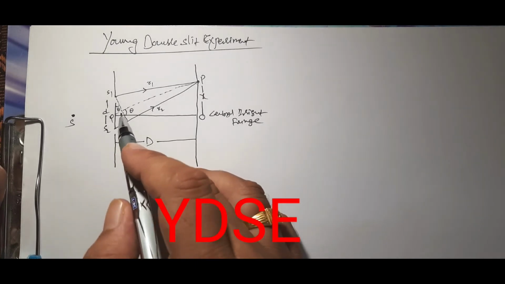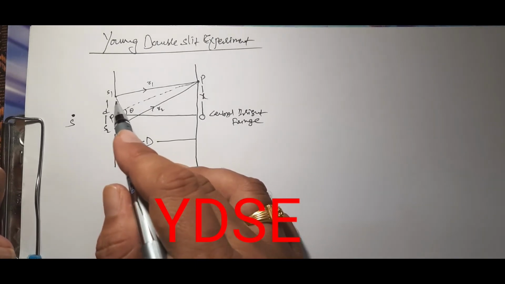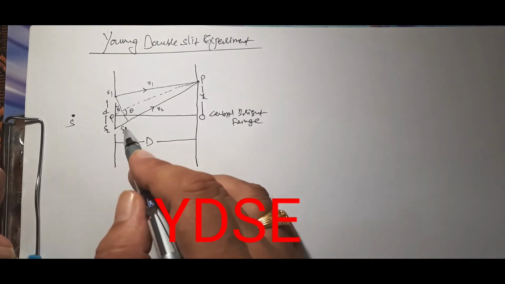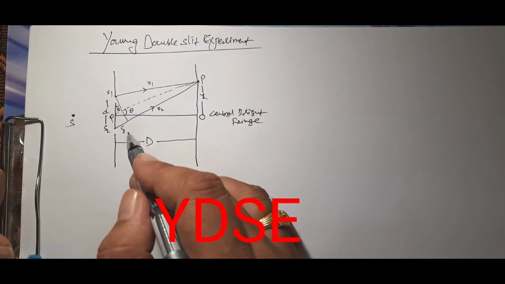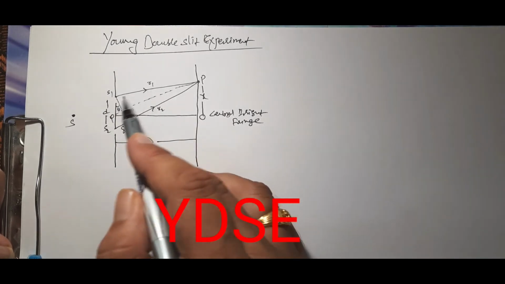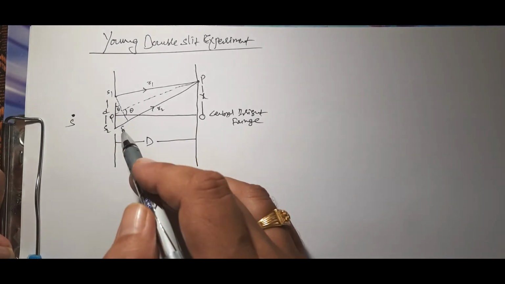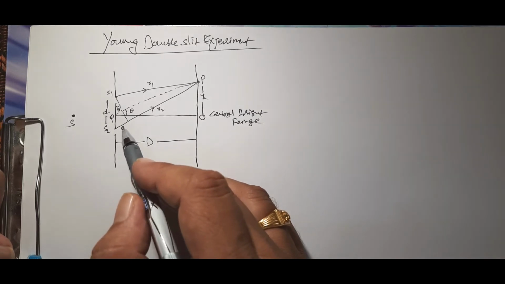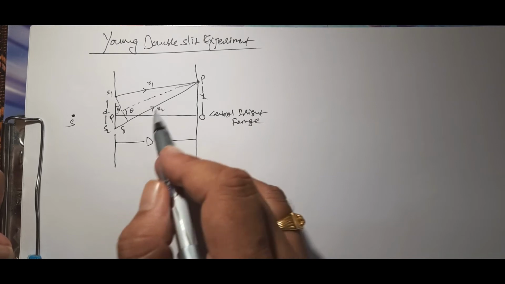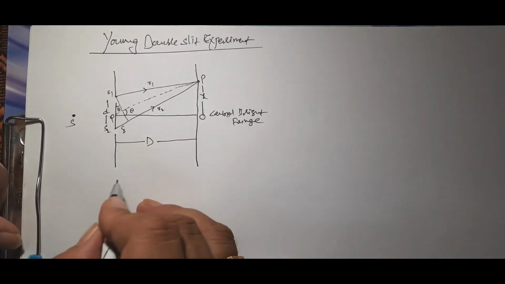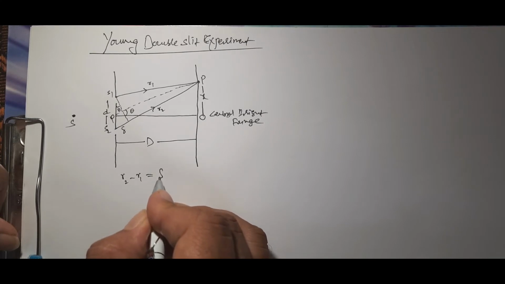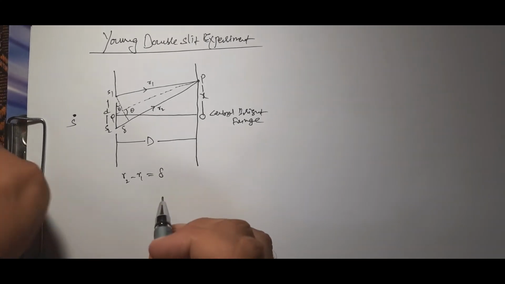Initially there is no phase difference between these two light waves from S1 and S2, but there is a path difference delta between these two waves. The distance traveled by the light wave released from S1 is R1. The distance traveled by the light wave released from S2 is R2. Here R2 minus R1 is nothing but the path difference between these two waves.